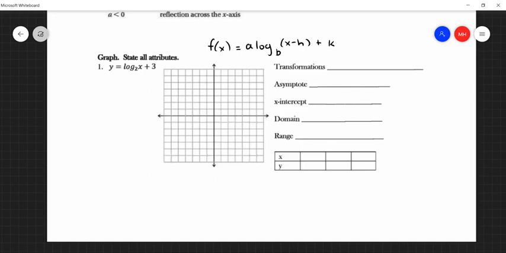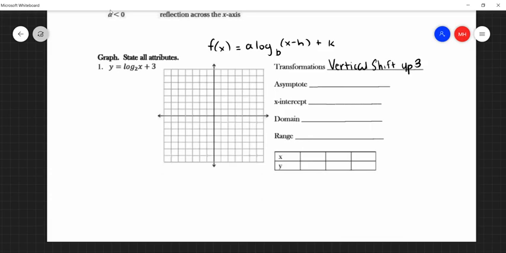So not many numbers in front, so there's no a. Our b this time is 2. There's no h, and it looks like we do have a k. My k in this case is positive 3, so that is a vertical shift up 3.